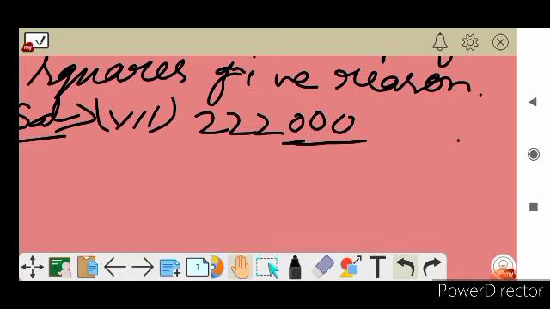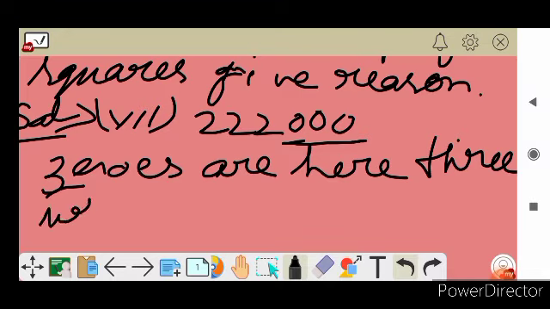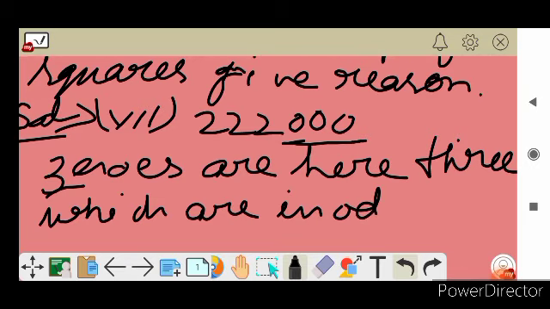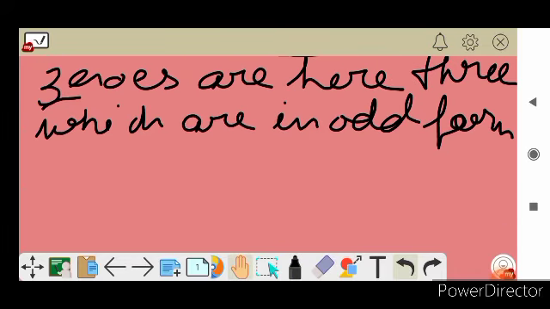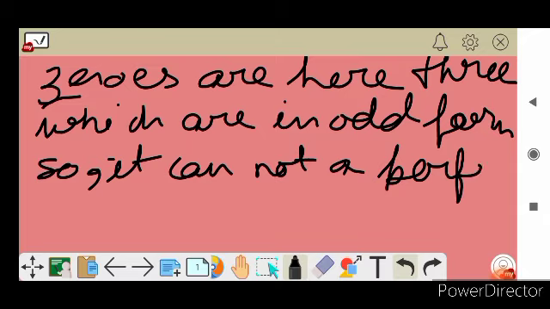So in this way, the reason is that the zeros here are 3, which are in odd form, so it cannot be a perfect square number.